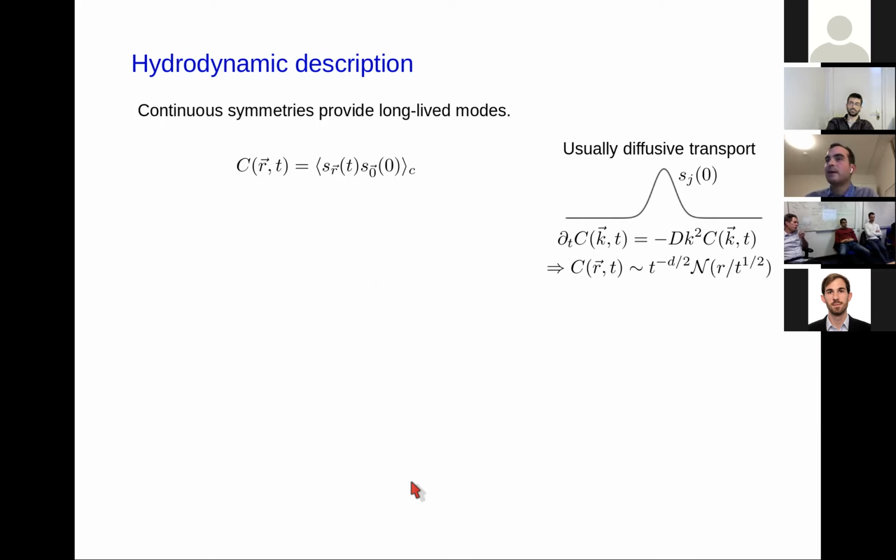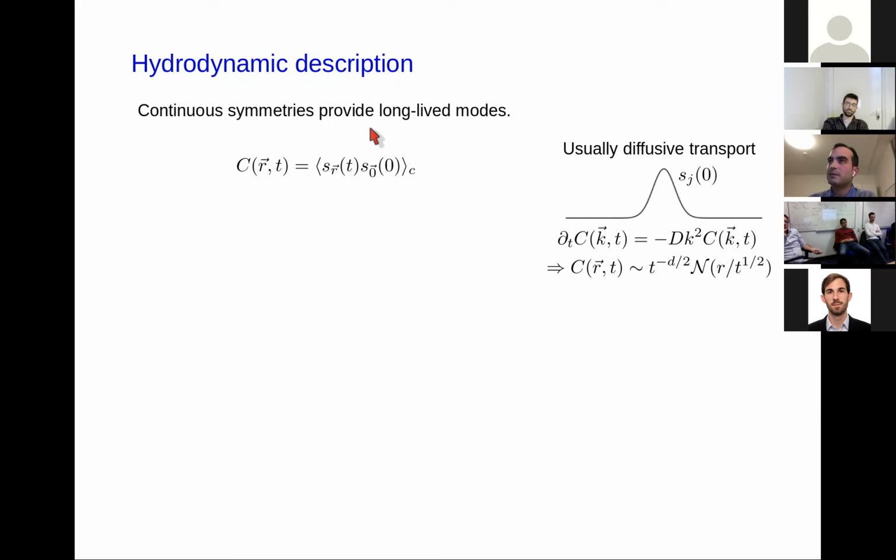Basically, the total charge is conserved. So if you create some initial modulation of the spin, it cannot simply disappear. The system conserves the total spin, so it has to be spread out and transported across the system.